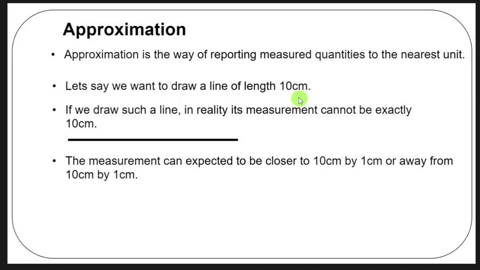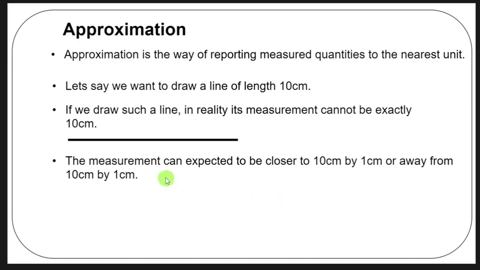The difference between each unit is 1 centimeter, and that is how much one can be correct to the actual measurement, or how far one can be wrong, by the difference between consecutive units. For example, 1, 2, 3, 4. There's a difference of 1 centimeter between those centimeters that we are counting until we reach 10.